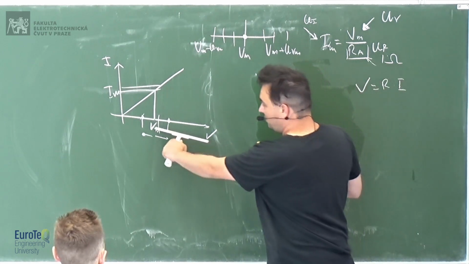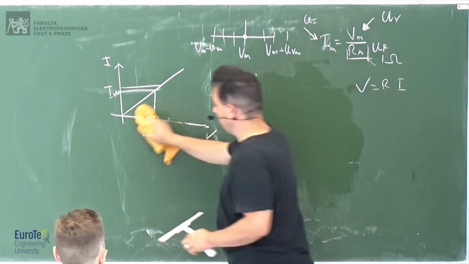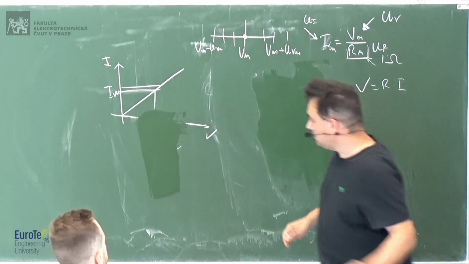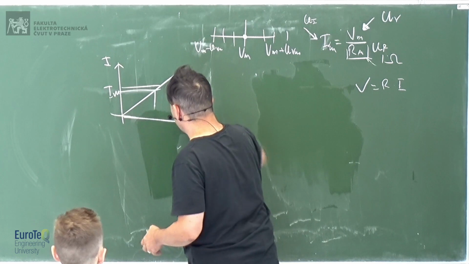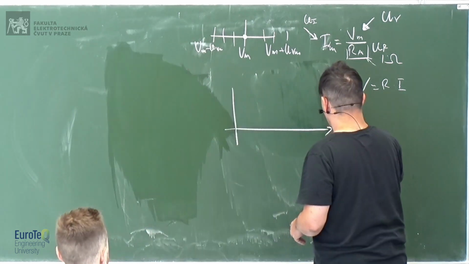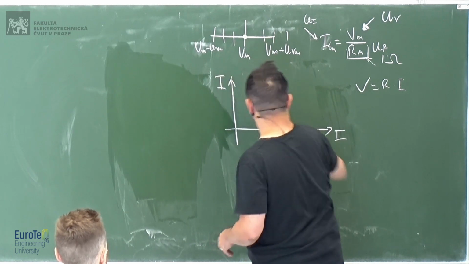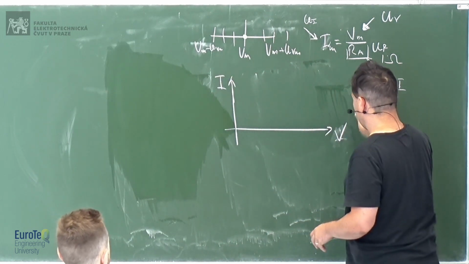So rather than using this Vm, which is somehow misleading in my humble opinion, I would draw directly a range. So here's the current, here's the voltage.